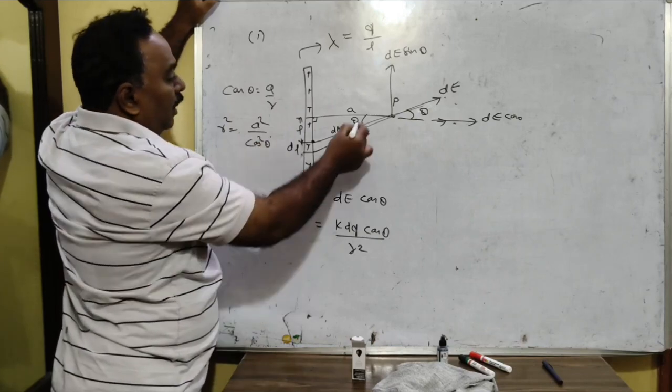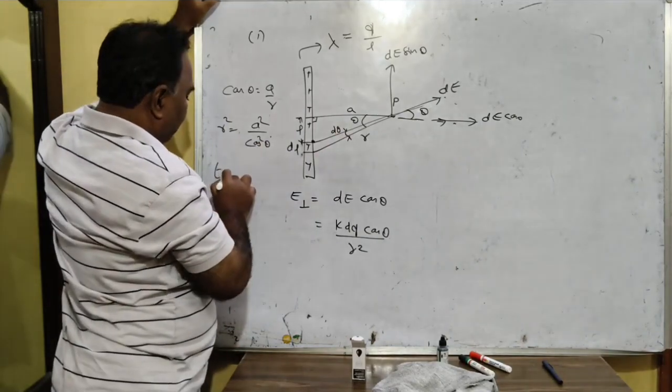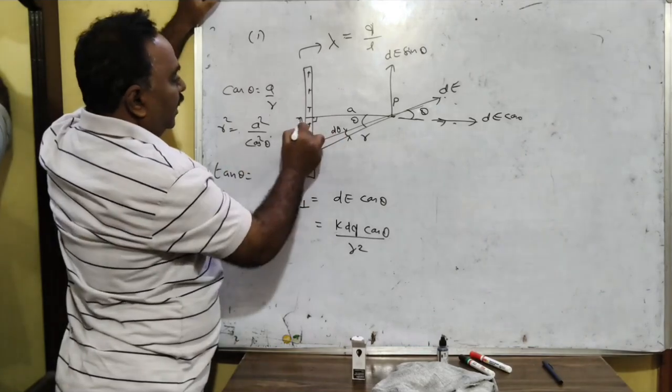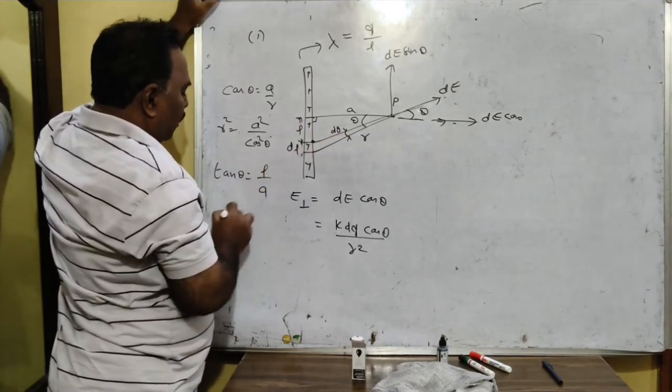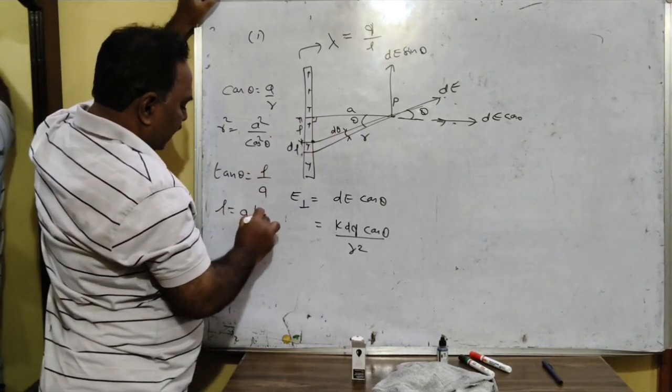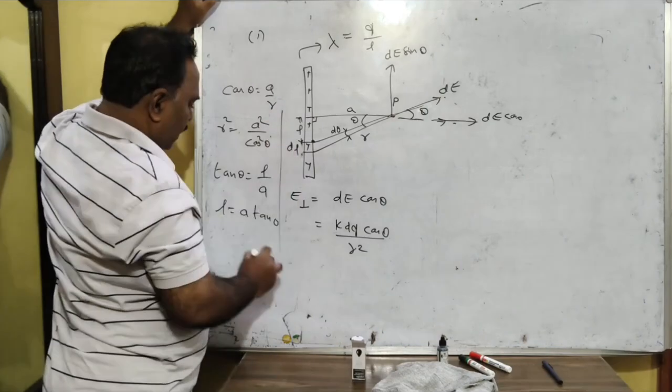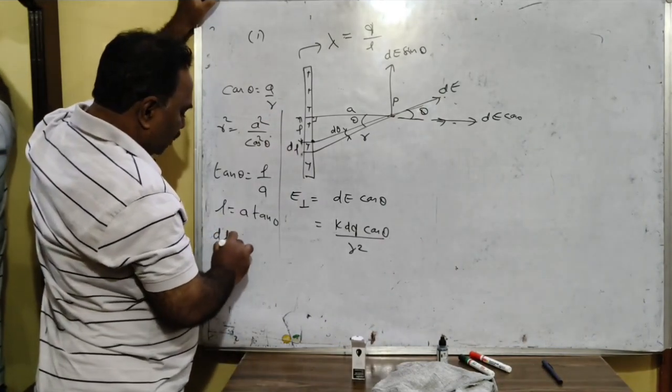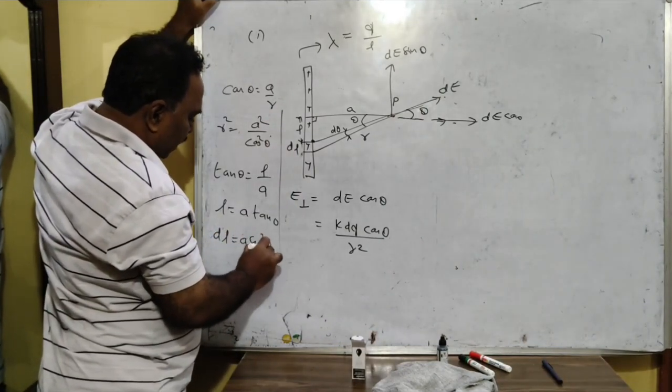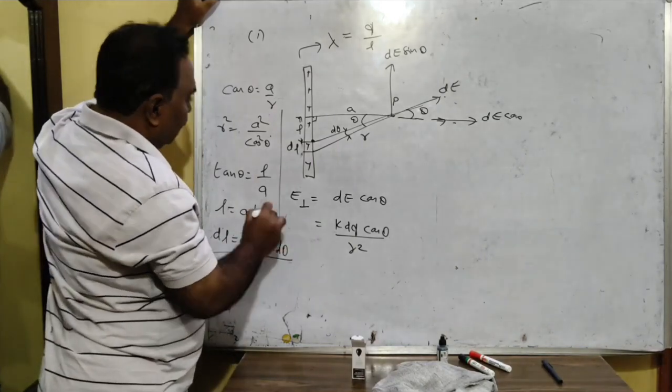Similarly, tan theta can be written as L by A, so L is equal to A tan theta, and differentiating both sides, dl is A secant square theta d theta.